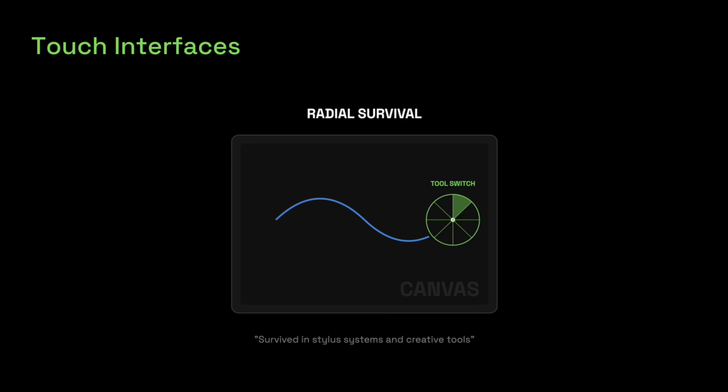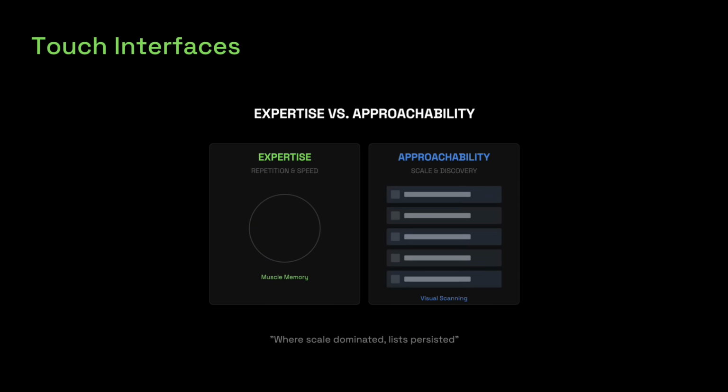Radial menus survived on touch only in specific contexts: stylus-based systems, creative tools, and games. Where repetition and expertise mattered, radial structure made sense. Where scale and approachability dominated, lists persisted. Touch removed the mouse, but it did not remove the pressure that favors linear structure.